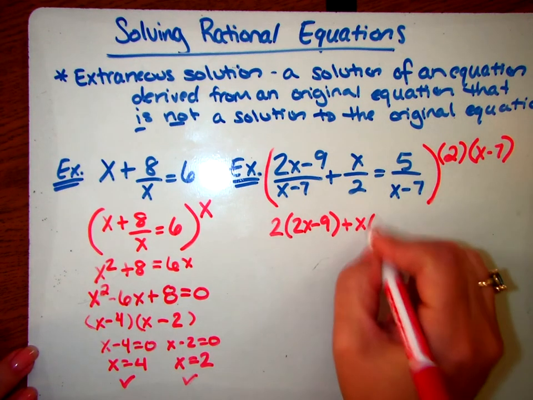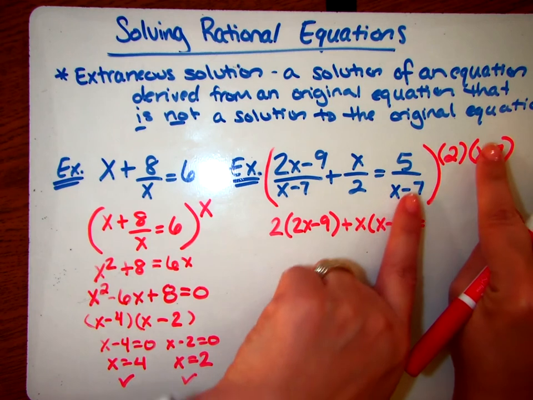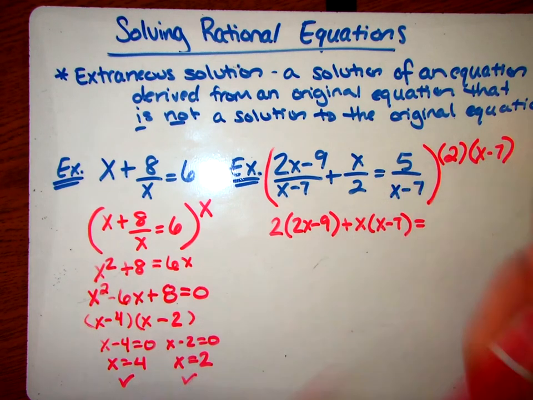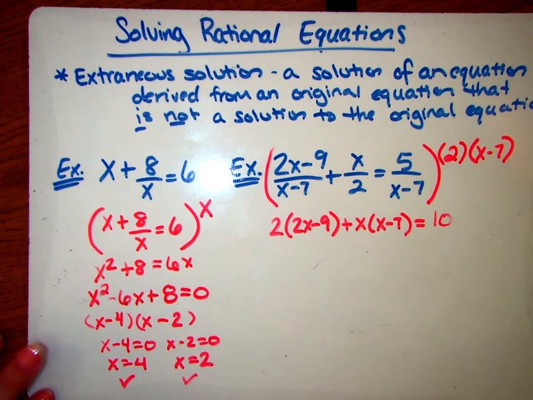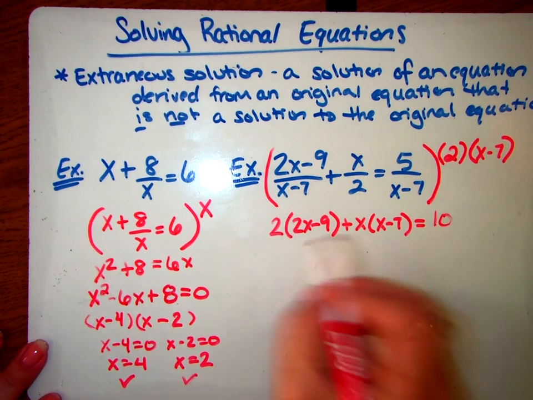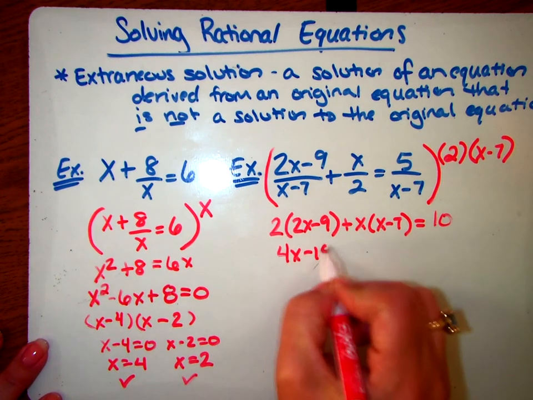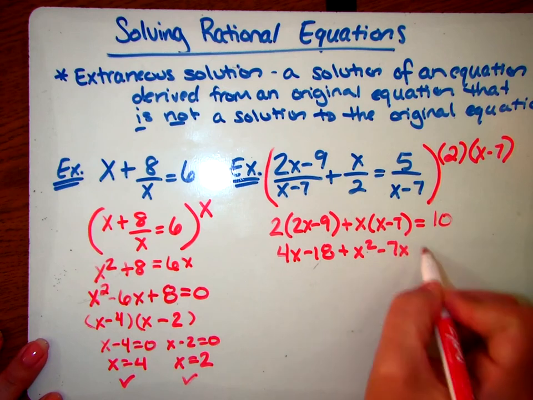My third term, my x minus 7's cancel, and it leaves me 5 times 2, which is 10. Remember, before we can add, subtract, or combine like terms, we have to multiply. So I'm going to distribute the 2. This is 4x minus 18. This is x squared minus 7x equals 10.